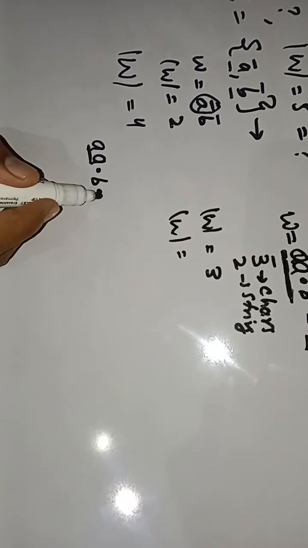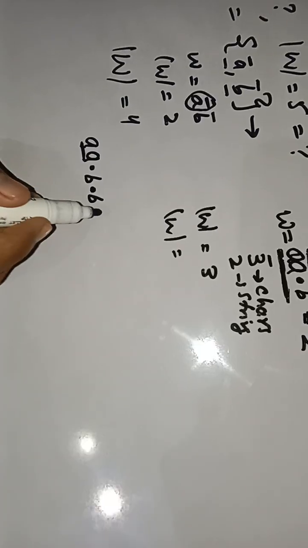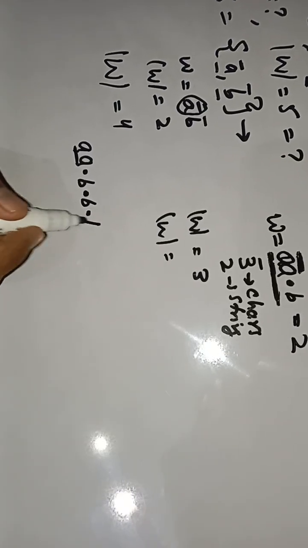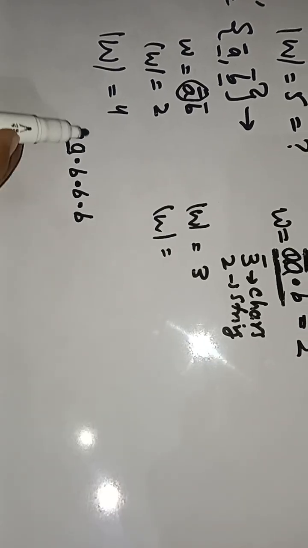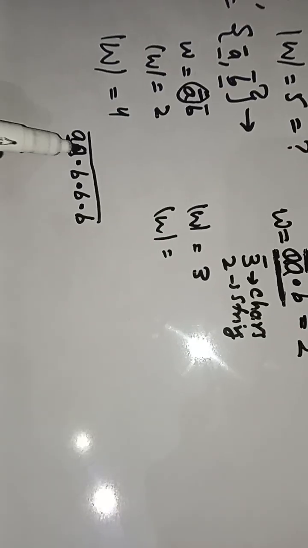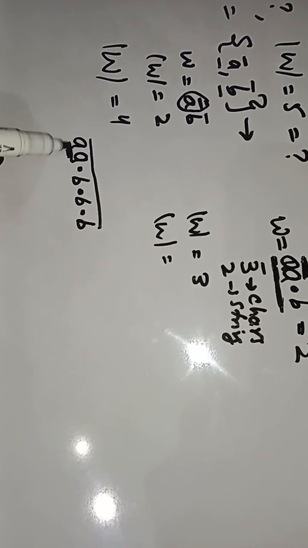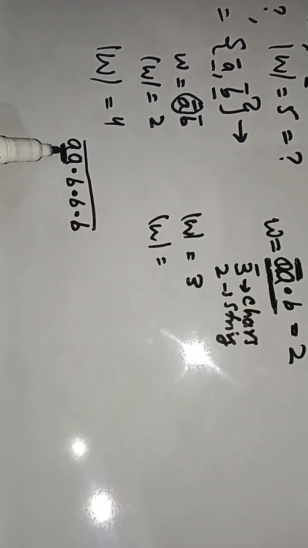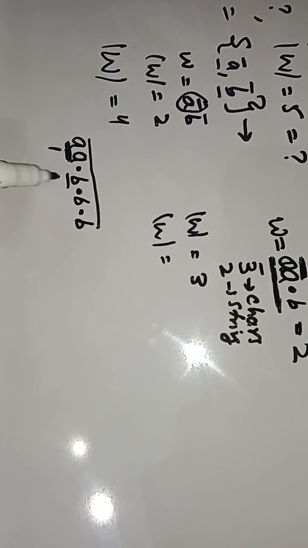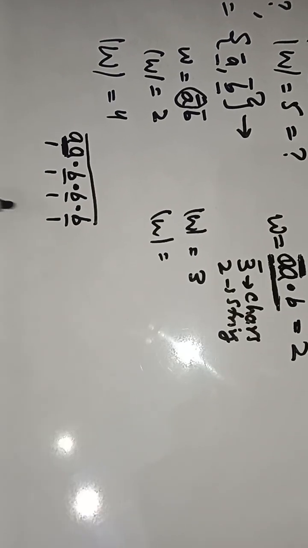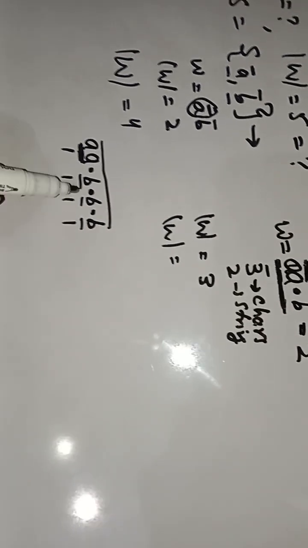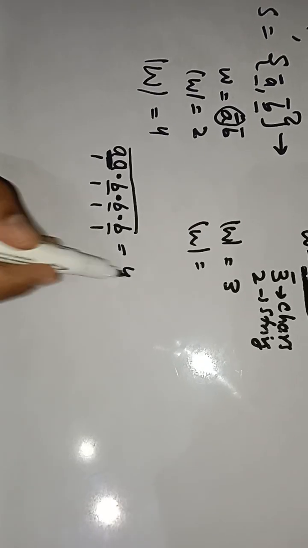Then I concatenate another B, and another B, so this would be length 4. This double A is a single position, so its length would be 1, and each of the others is also length 1. So the whole length of this string would be 4.